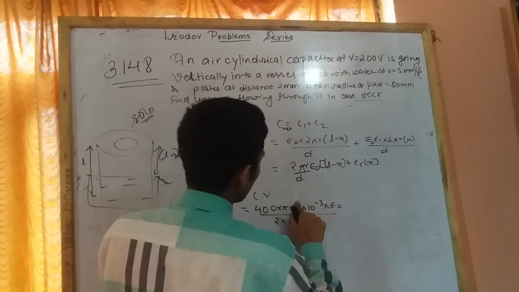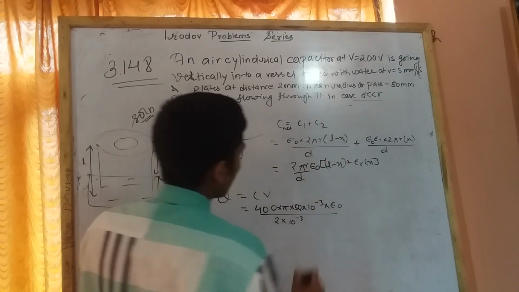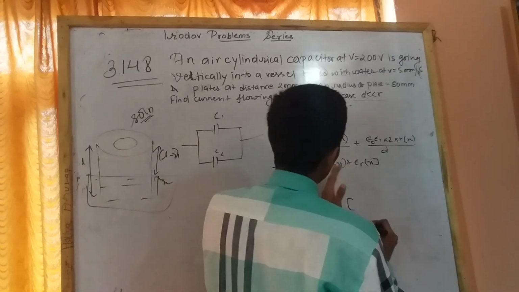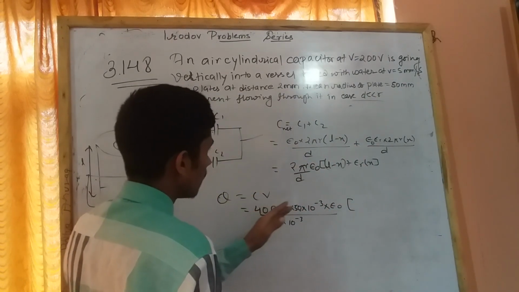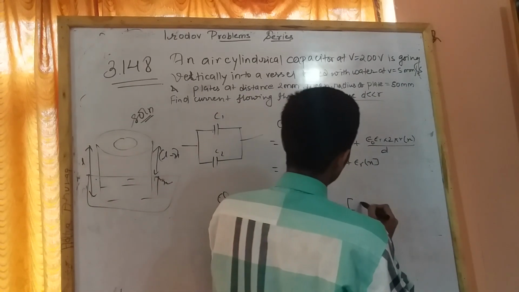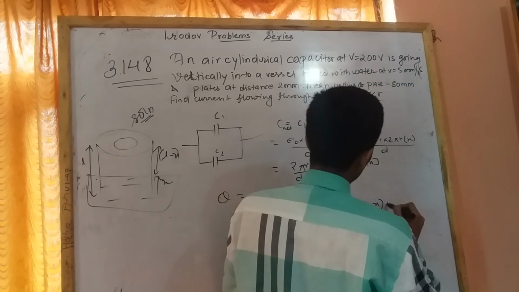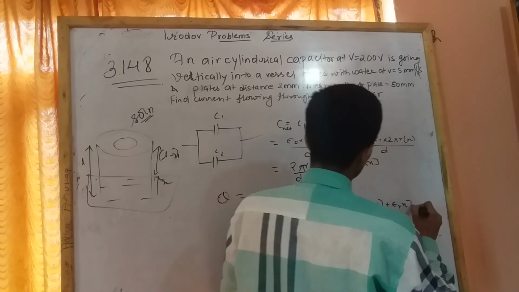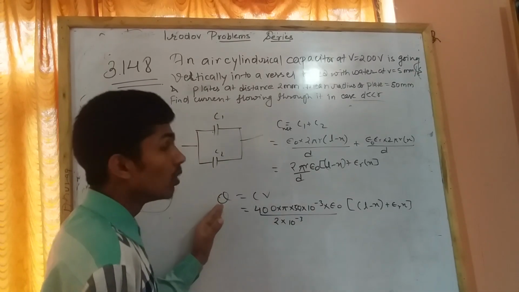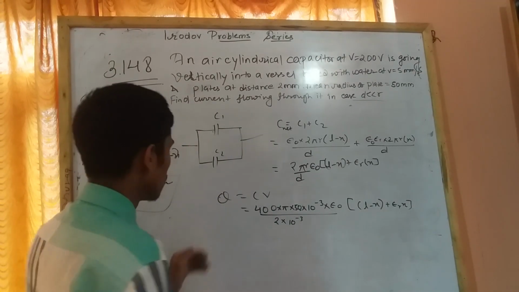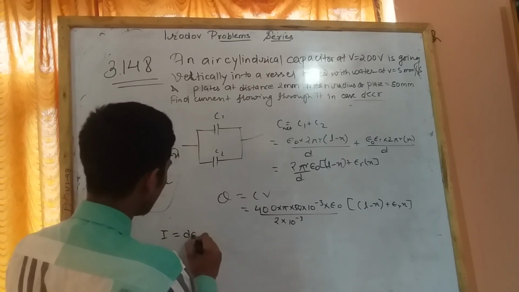Sorry, I made a mistake here. It is 50, 50 millimeters. Then L minus x plus epsilon r x. So Q is this. Now if I have to find the current, I will have to differentiate Q with respect to time, so current equals dq by dt.